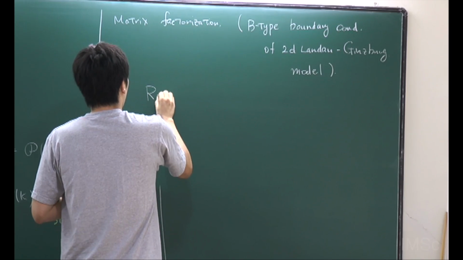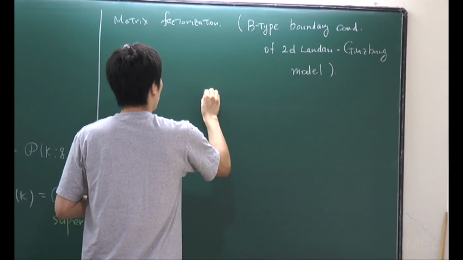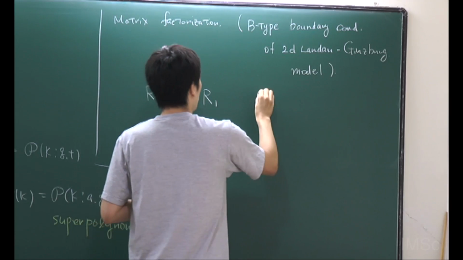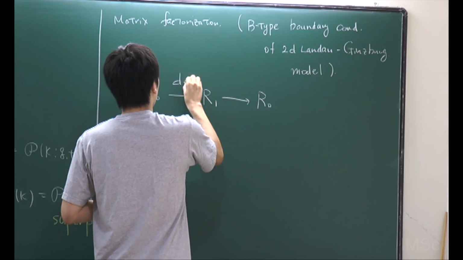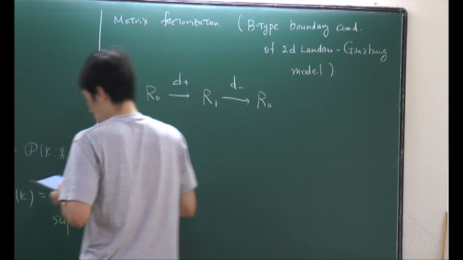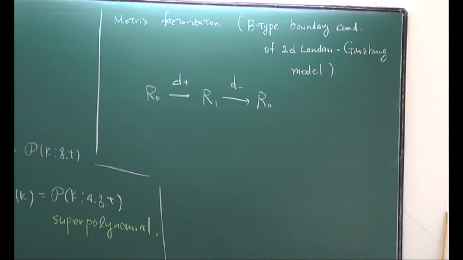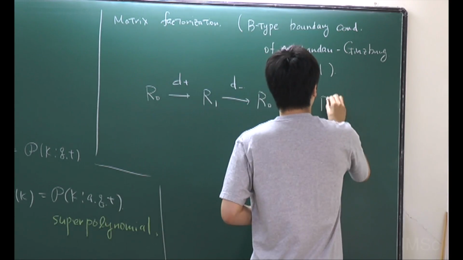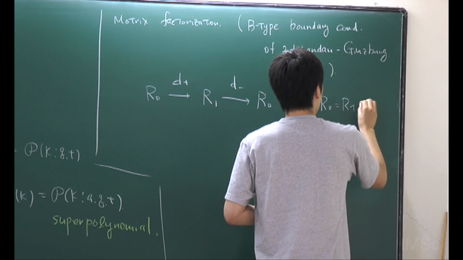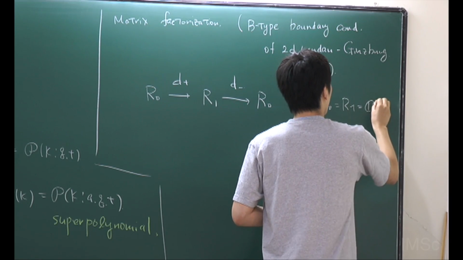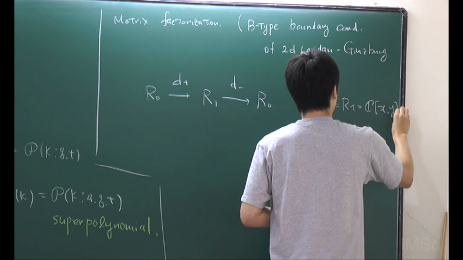You have a Z2 graded vector space, in this case a ring, and you assign the so-called map in between. So R0 and R1 are given by polynomials with respect to x and y.